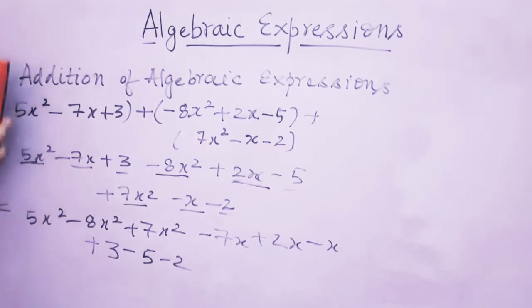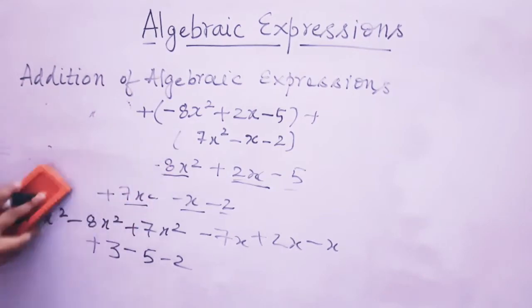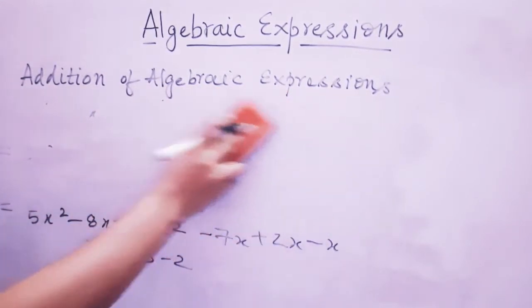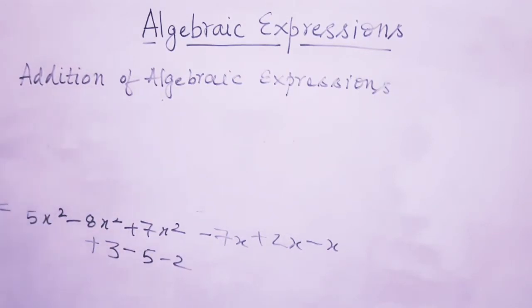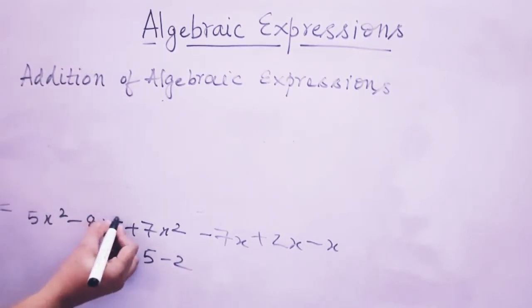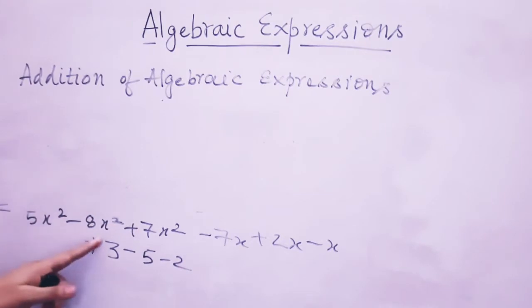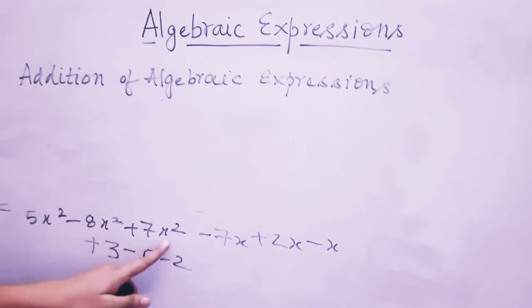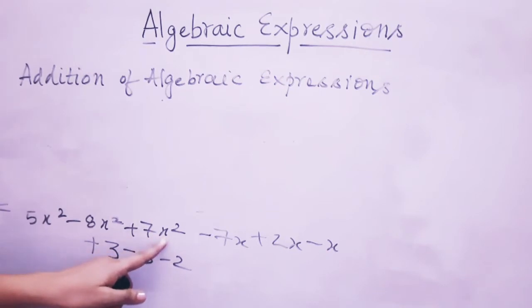So to add the like terms, let me rub this first. So as you can see, 5x square minus 8x square plus 7x square. This is also having x square, this is also having x square, and this is also having x square. What you can do is take x square common.